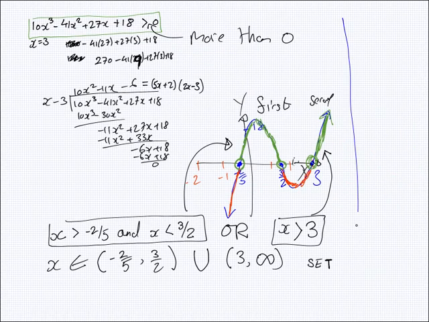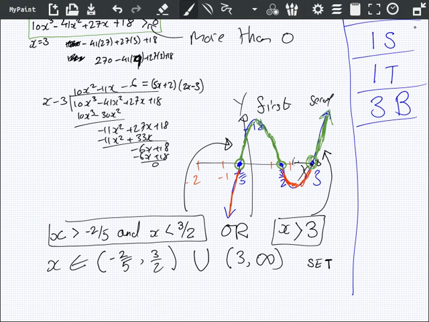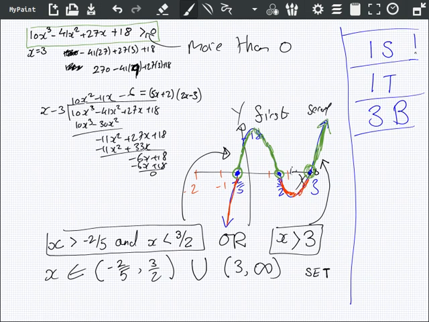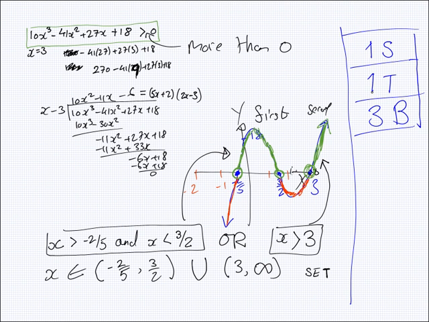So what I want you to do now, we'll say 1S, 1T, and 3B. That would be your homework. See if you can get them done now, actually. That would be great. 1S, 1T, and 3B. Sorry, I forgot 2 comes after 1. 2B. Yeah, there you go.